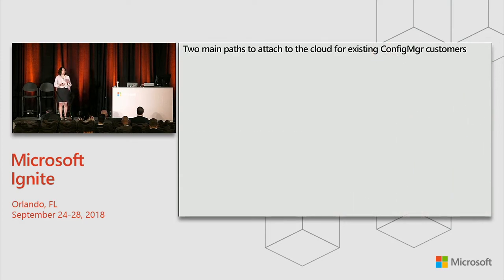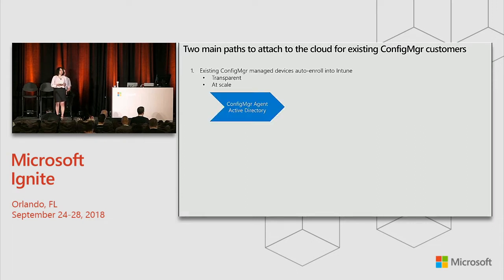There are two main paths to get your devices to be cloud attached for existing ConfigMgr customers. The very first one is the one you're pretty familiar with: you already have ConfigMgr managing those devices, and most likely those devices are already in the on-prem Active Directory.